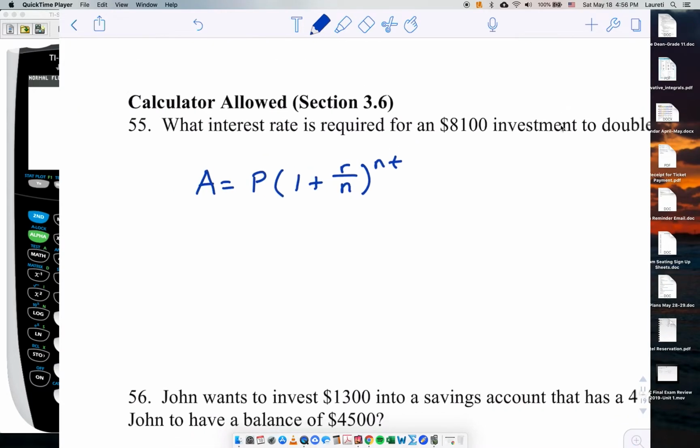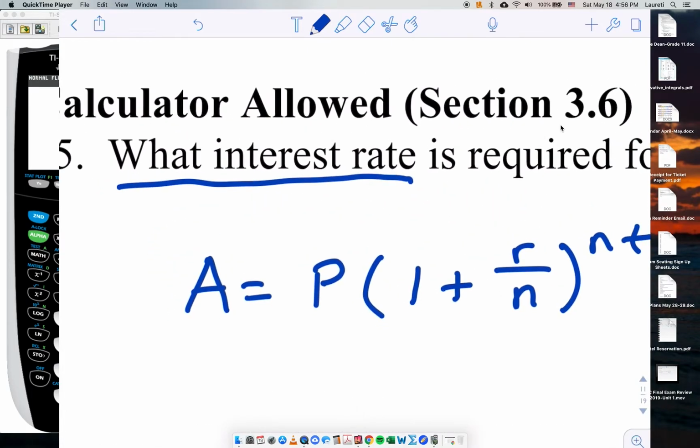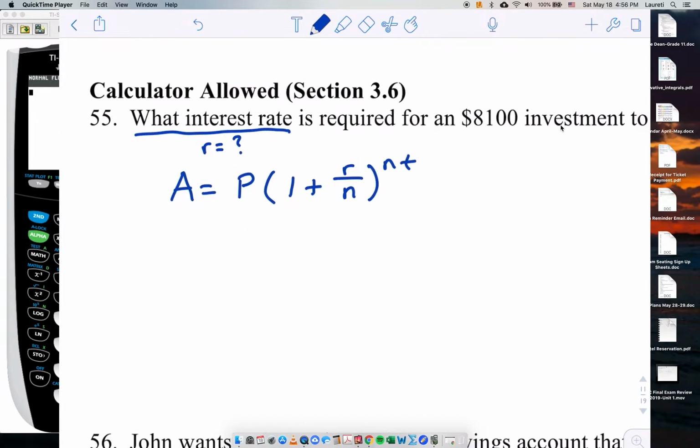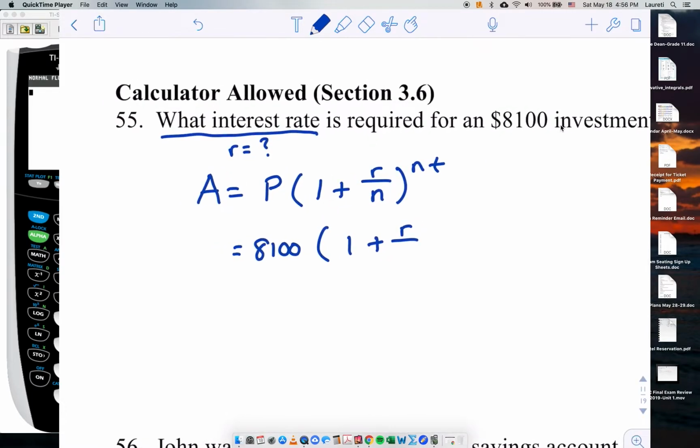Okay, so what are we trying to find? It says what interest rate is required, so what I'm going to try and find is R. What other information do I know? $8,100 investment, so that's going to be P. R is what I'm going to solve for. And then I want it to double in 20 years, so if I double 8,100, that gives me 16,200.